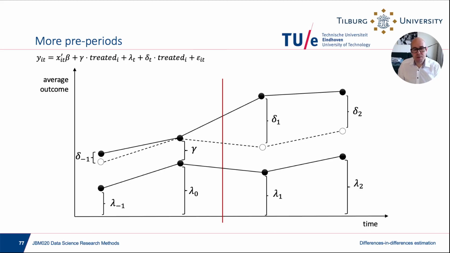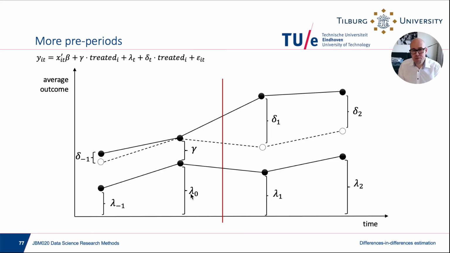Good. So let's say for the moment that delta -1 is very close to 0, then it's meaningful to say, okay, parallel trends or common trends holds approximately. And then we can see that the evolution of the outcome for the control group is like this. It goes down and then up again.